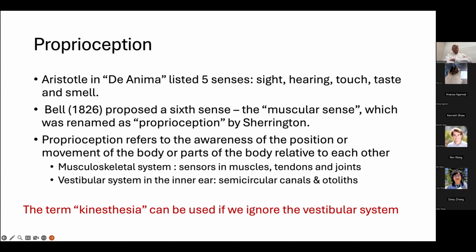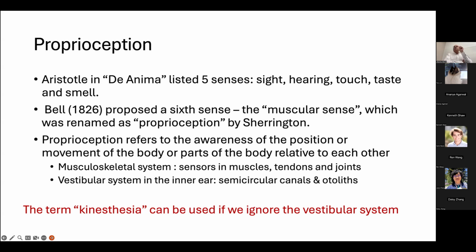It has two components: the semicircular canals, which measure your rotation, and the otoliths, which measure translation. Think of your iPhone, which has an IMU that does these. That said, I'm not going to talk much about the vestibular system in the rest of this lecture.